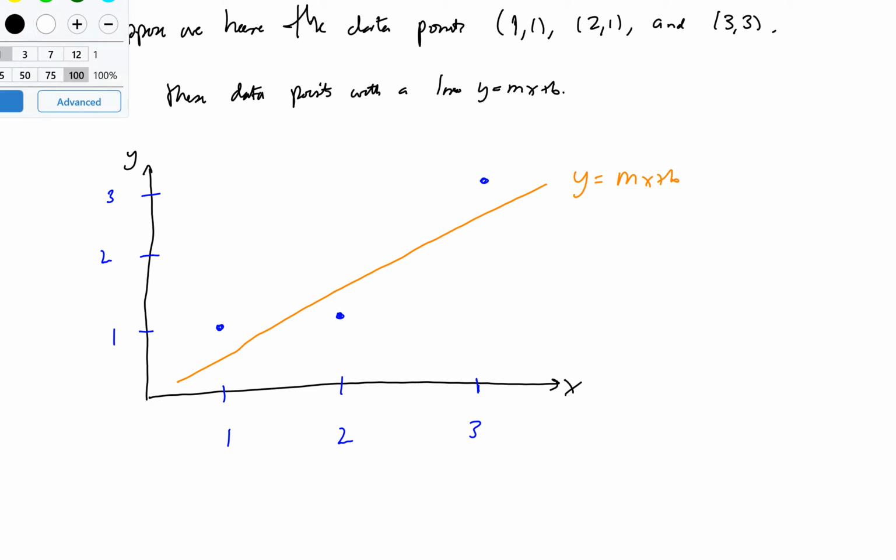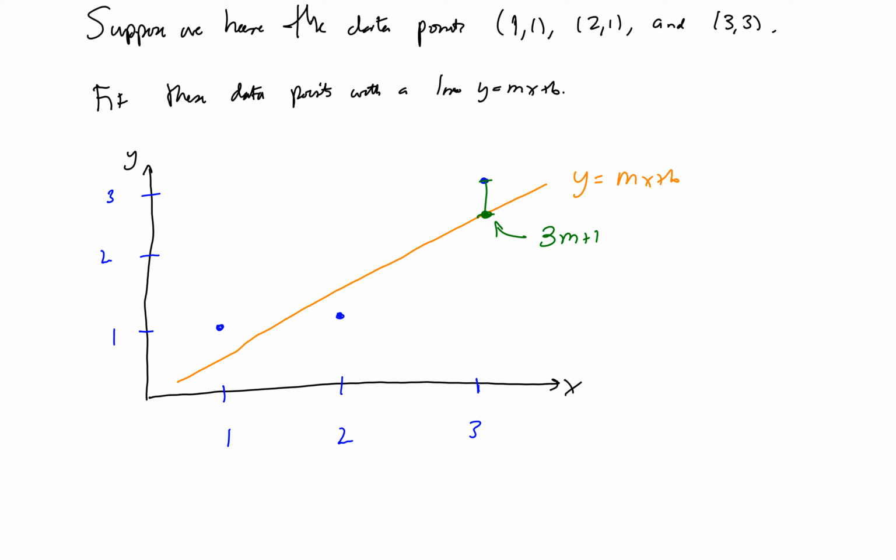And so now thinking back to what we were saying for our errors, we want to look at the squares of these distances. So this value right here, this is the value y when x is equal to 3, so this would be 3m plus b. So the square of this distance would be 3 minus 3m plus b, squared.